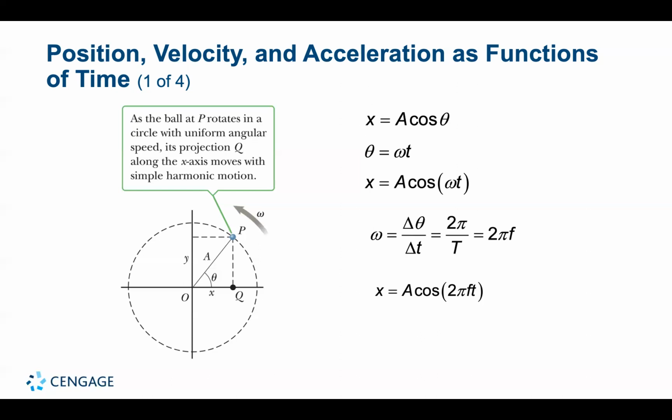Therefore, we can write an expression for omega as shown, where f is the frequency of motion. The angular speed of the ball as it moves around the reference circle is the same as our angular frequency of the projected simple harmonic motion. So we can rewrite our expression for x as shown in the bottom equation.